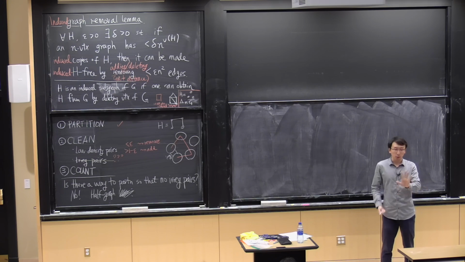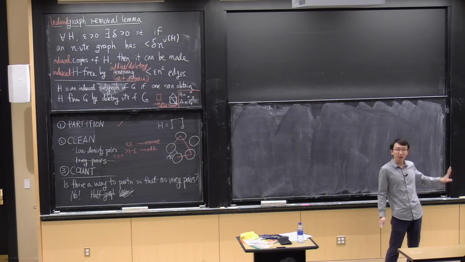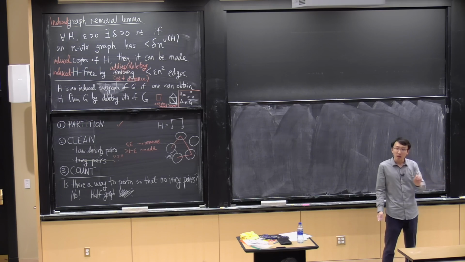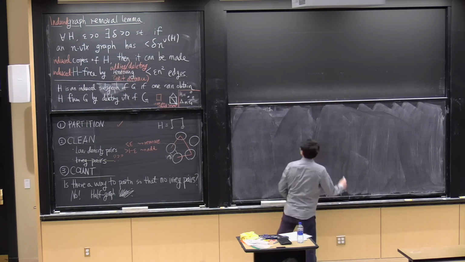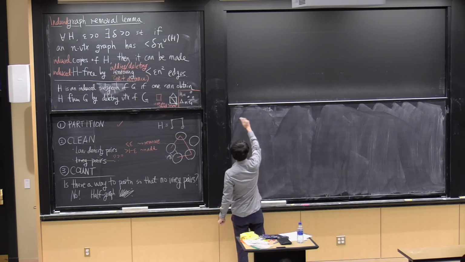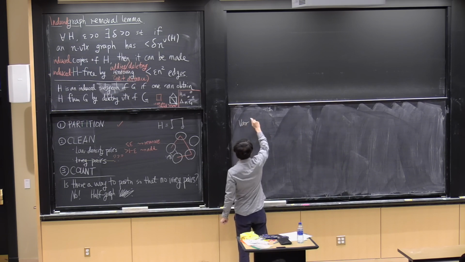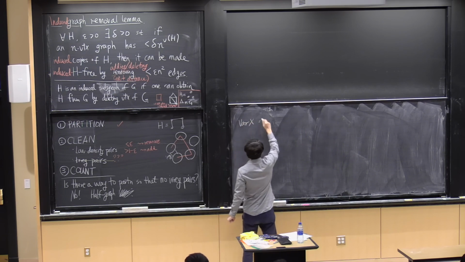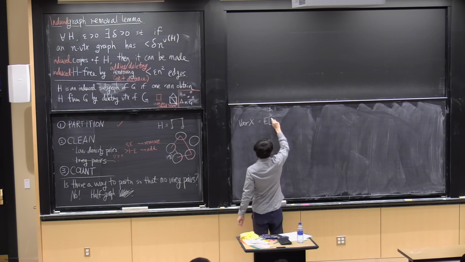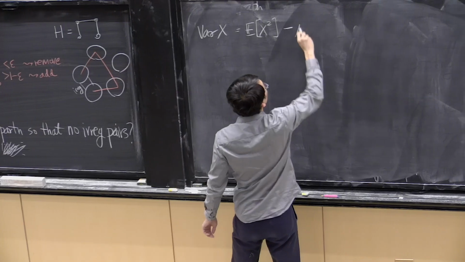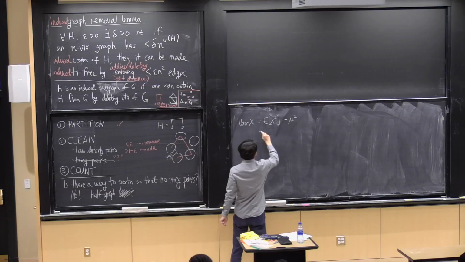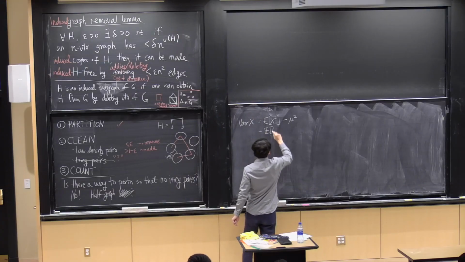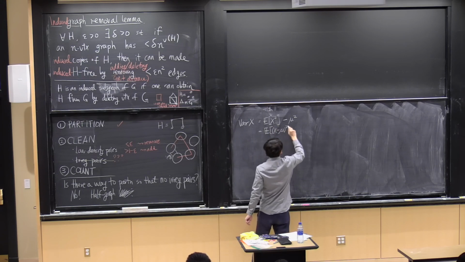So if you look back to the proof of Szemerédi's regularity lemma, we already saw an instance of that inequality in the computation of the variance. So you know that the variance of X, on one hand, is equal to this, where mu is the mean of X, and on the other hand, it is equal to this quantity.